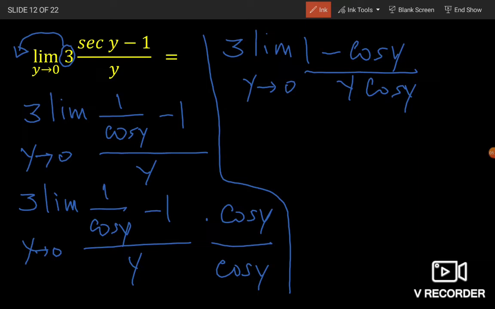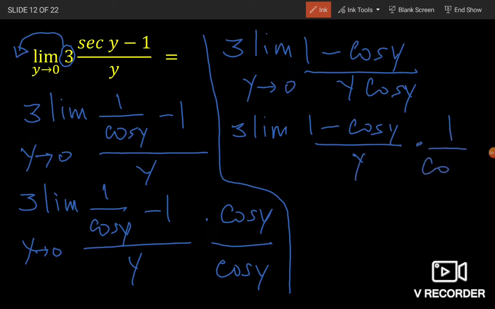Now, we can rewrite this as 3 times the limit of 1 minus cosine of y over y multiplied by 1 over cosine of y as y approaches 0.